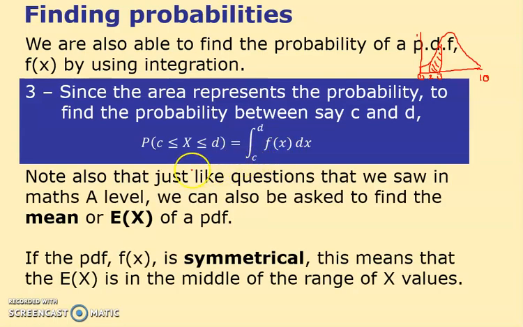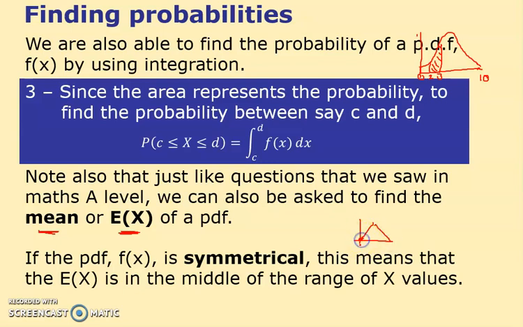Now a couple of things we might be asked to find: the mean, sometimes called the expectation, or E of x, of this PDF. For a PDF, you can see here this is broadly symmetrical, but not quite. Sometimes it's exactly symmetrical. You know, they draw it and it goes up, and then it goes down.